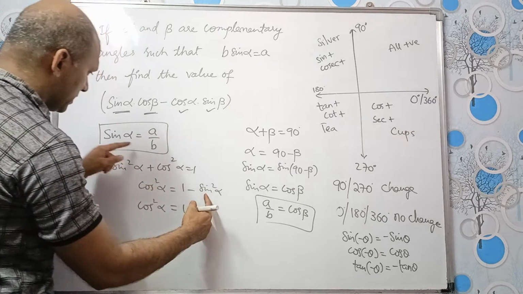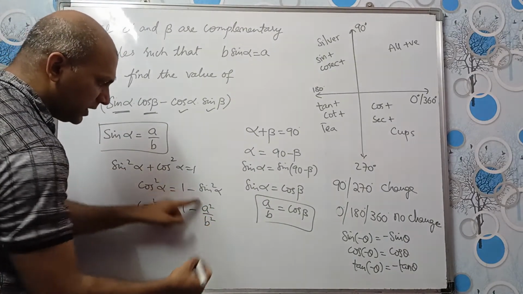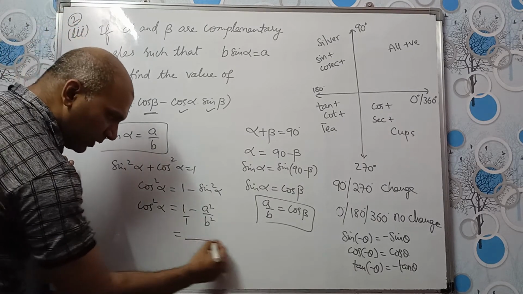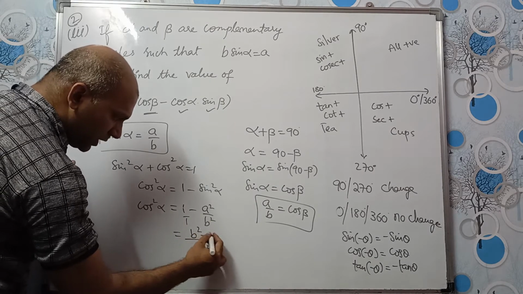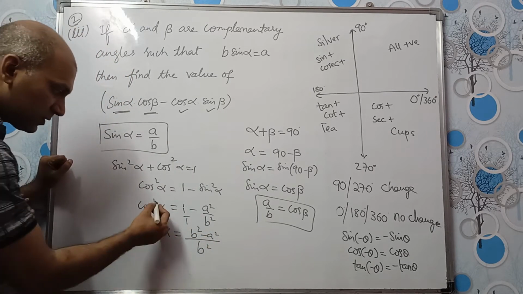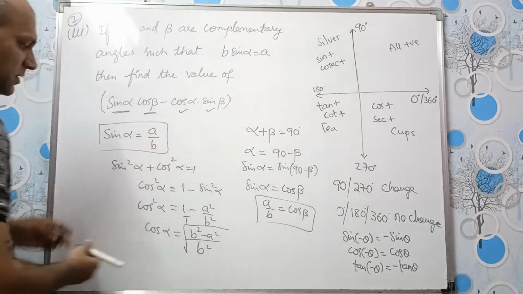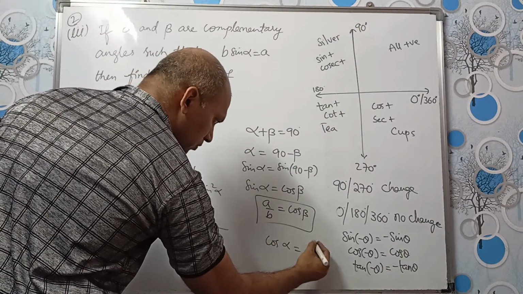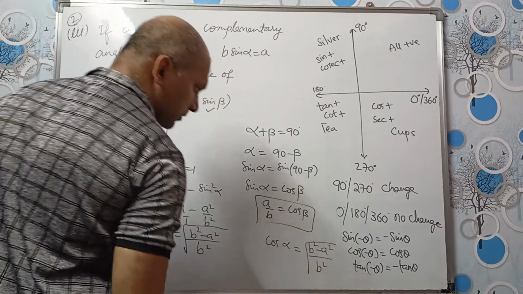Sine alpha is a by b, so sine square alpha will be a square by b square. We can write 1 as 1 by 1. If you simplify, this will be b square minus a square over b square. But this is cos square, so the square goes on the other side and becomes root.